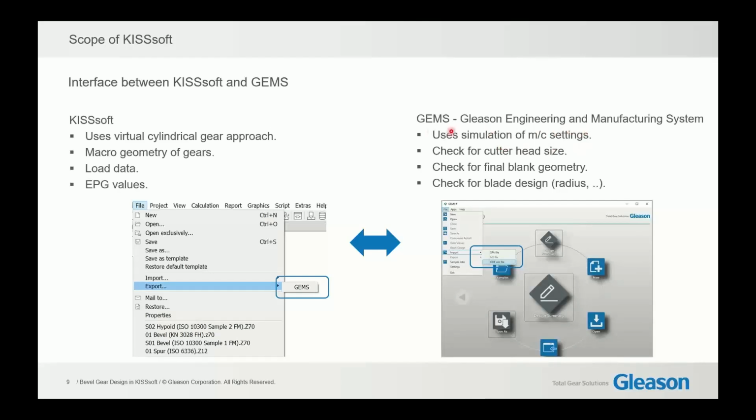Typically, the macrogeometry, load data, and the EPG values are transferred into the GEMS software, and there a detailed analysis of the applied cutter head size, of the final blank geometry, or of a blade design is done. These data can be transferred by the same interface back to KISSsoft to have a more precise result using rating standards.